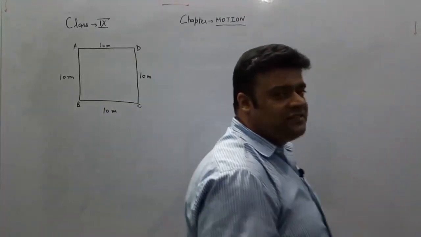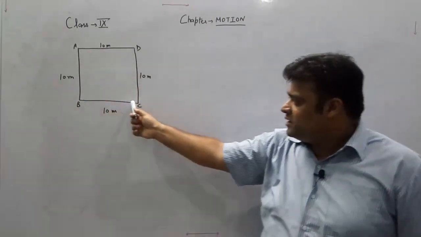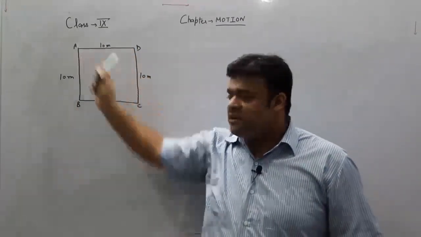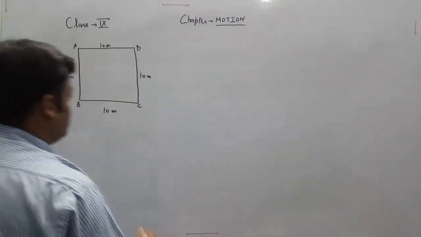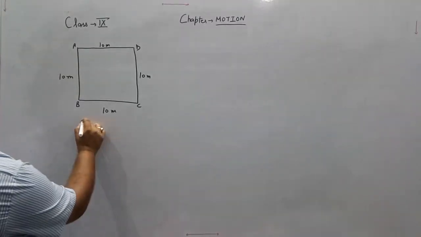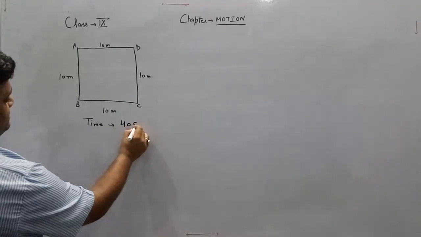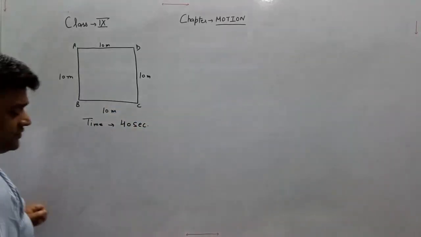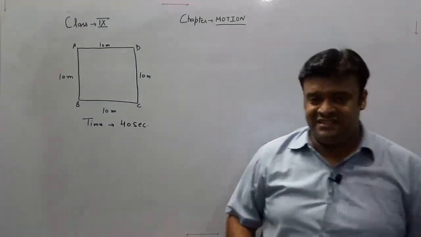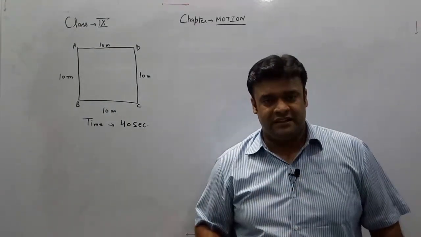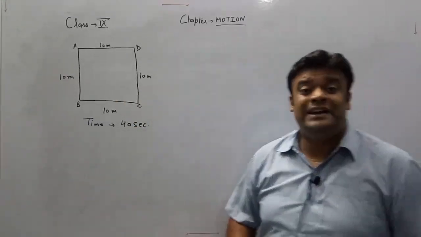The first condition given is that a person covers one complete round of this square field in 40 seconds. Next, we have to find the distance and displacement of the person after 2 minutes and 20 seconds.